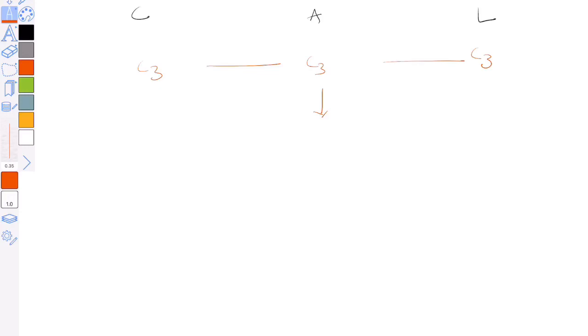So we are with an end product of C3, or activation of C3, or breakdown of C3, and C3 is going to break into C3A and C3B. So we got the end product. The end product is leading to the breakdown of C3 into C3A and C3B.